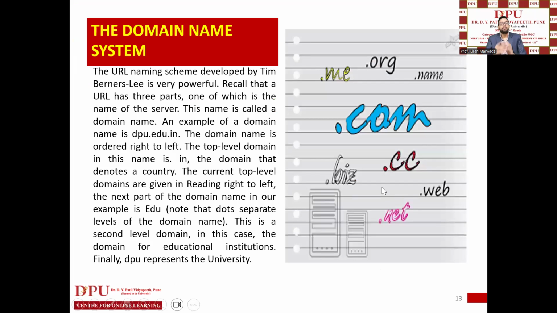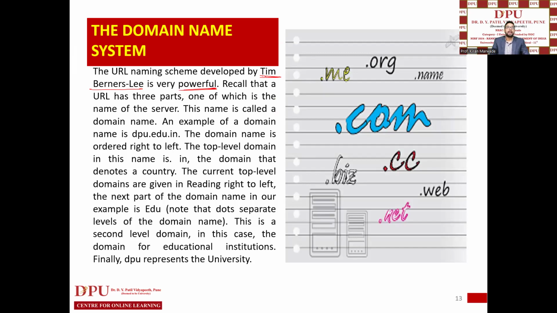Then the domain name. Basically .com, .in, .org, .gov, all these things are considered to be domains. The URL naming scheme was developed by Tim Berners-Lee, and it is very powerful.